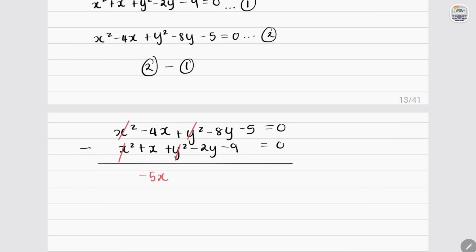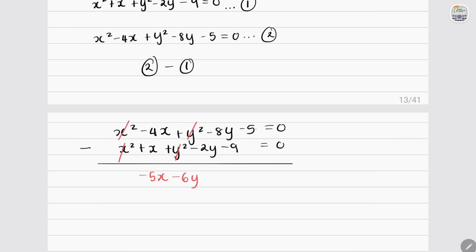So those cancel. Then negative 8y minus negative 2. You see how those would become a plus. So negative times negative is positive. So you're just saying negative 8y plus 2y, which is negative 6y.